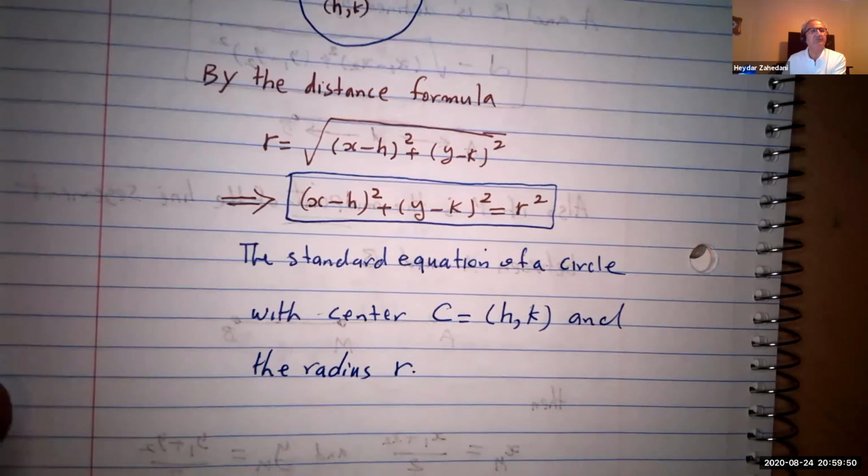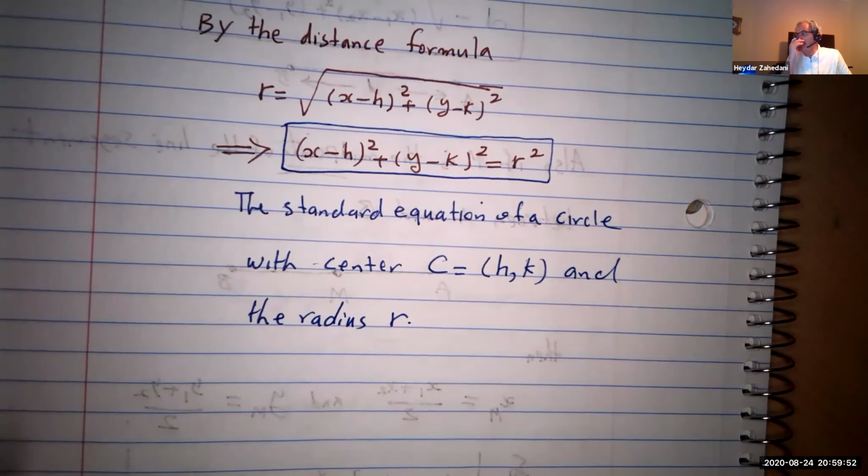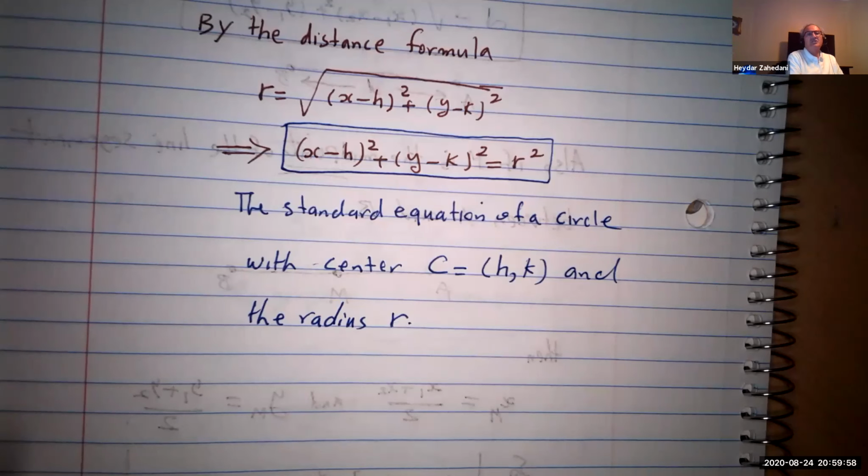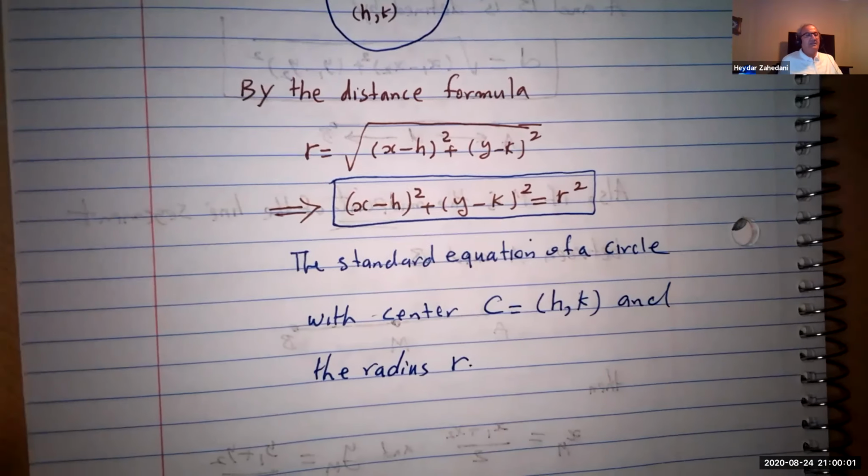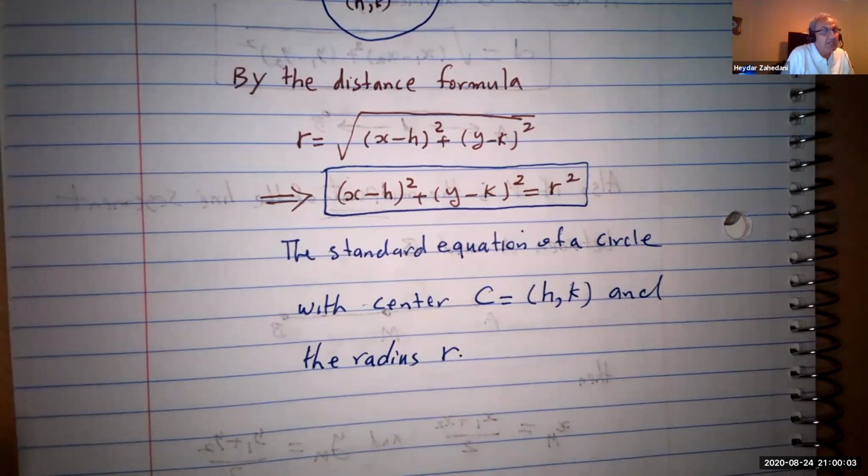So I just proved it for you, but you can just memorize the equation. That would be enough. That would be fine. It's nice to know how we originally get the equation of a circle, to get these numbers.